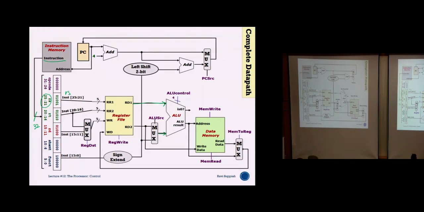So on the register side, you also need to make a decision whether the second register is going to be read, because the RT bits here refer to the target register. Whether it is an R type instruction or an I type instruction, you would decide whether bits 20 to 16 should come here or go to the write register.